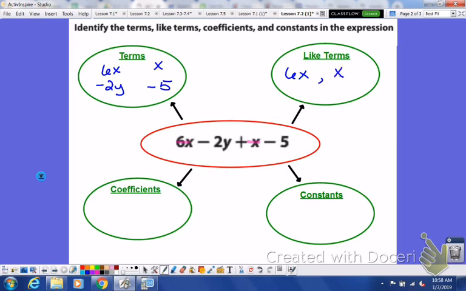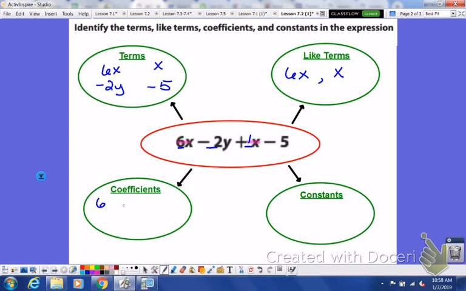Then our coefficients. Coefficients are the numbers with the variable. So if I go through, here's a variable, coefficient is 6. There's a variable, coefficient is negative 2. And here's a variable, there's nothing there, so it's a 1. No variable there, so there's no coefficient.